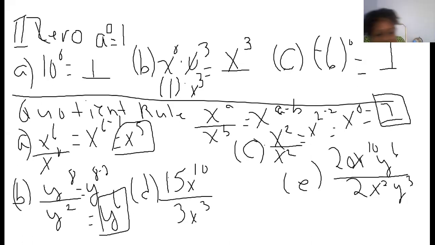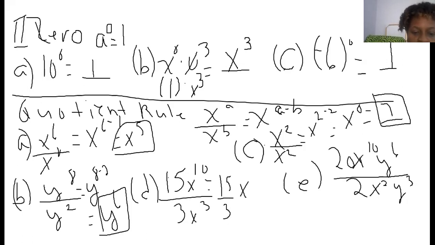However, with D and E, the monomials, we will simply look at 15x to the 10th divided by 3x cubed. Here, applying the quotient rule, we realize that we will do a separation and divide 15 and 3. And then we will deal with the exponents, x to the 10th over x to the 3rd.